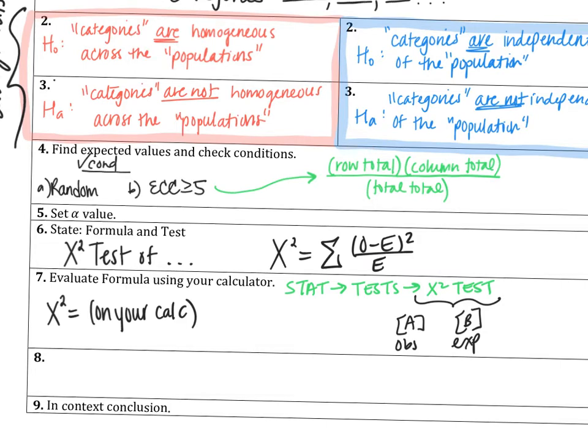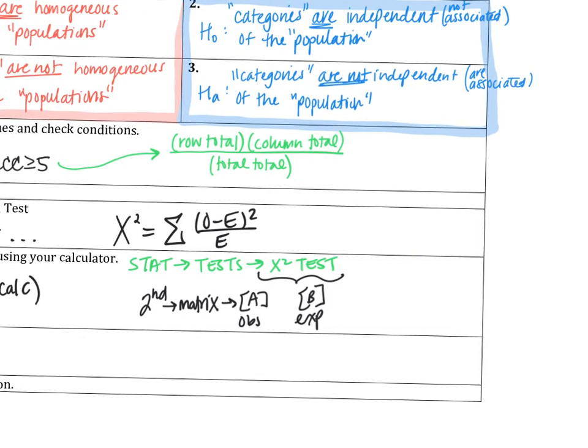And how you fill out these matrices is you hit second matrix and we input this information into matrix A and matrix B. Last thing that you need to know about this is that your degrees of freedom are equal to the number of rows minus 1 times the number of columns minus 1. So that's helpful and easy.